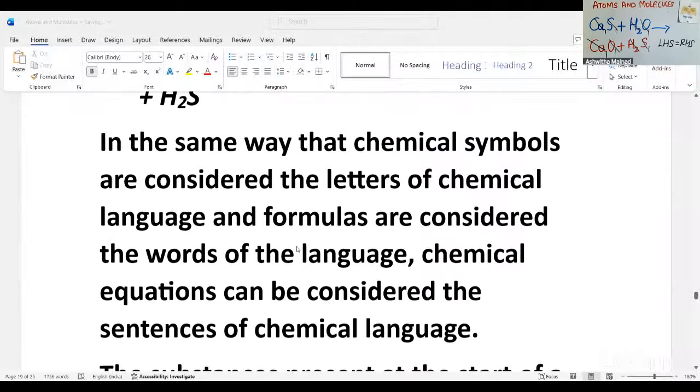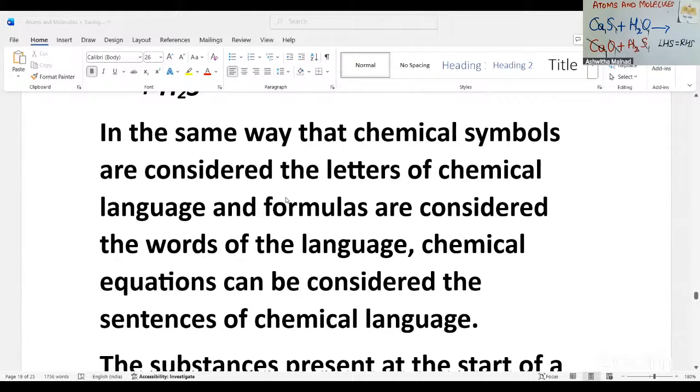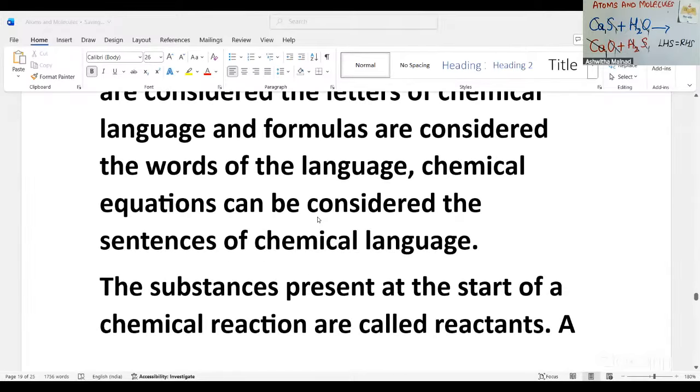In the same way that chemical symbols are considered the letters of the chemical language and formulas are considered the words of the language, we also have to understand this difference. Okay? So a chemical equation can be considered the sentences of chemical language.